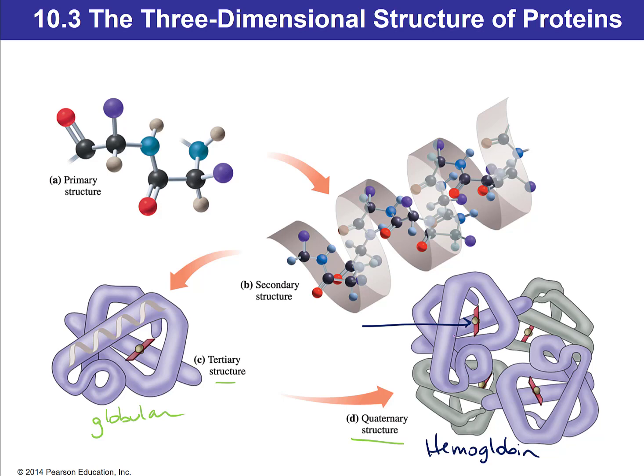It's iron. So this is an iron atom. So each subunit has an iron contained, and that iron is responsible for binding oxygen. So when the red blood cell goes past the lungs, oxygen diffuses in and it binds to that iron.